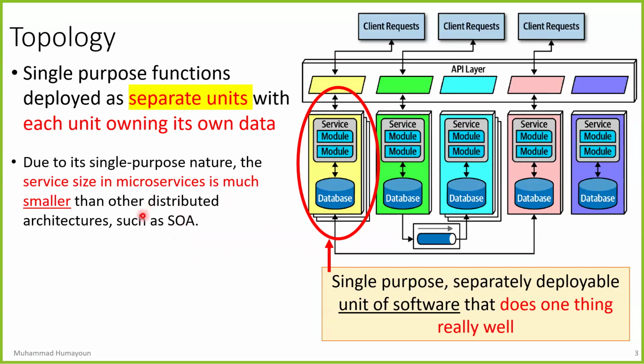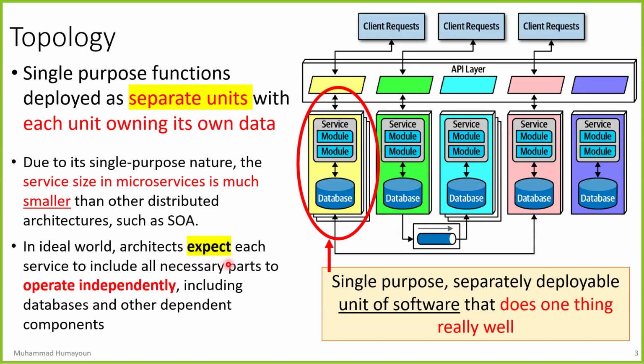In service-oriented architecture, components can be really big, but here, since each service tries to provide one functionality, that is why it is called microservices. And the size is smaller. So microservices does not necessarily mean that it is smaller in size. Microservices really means that it provides only one functionality, one service.